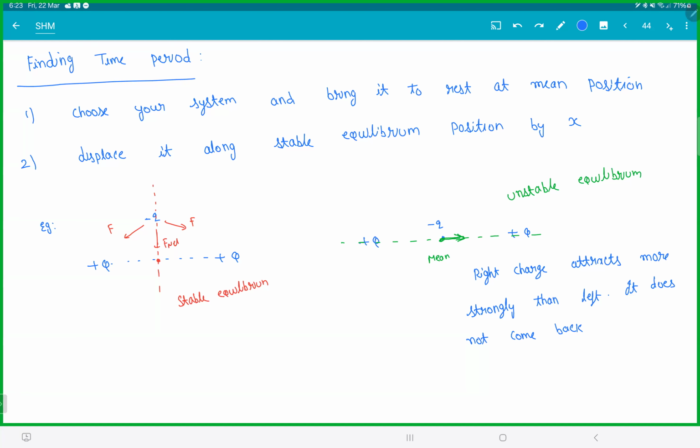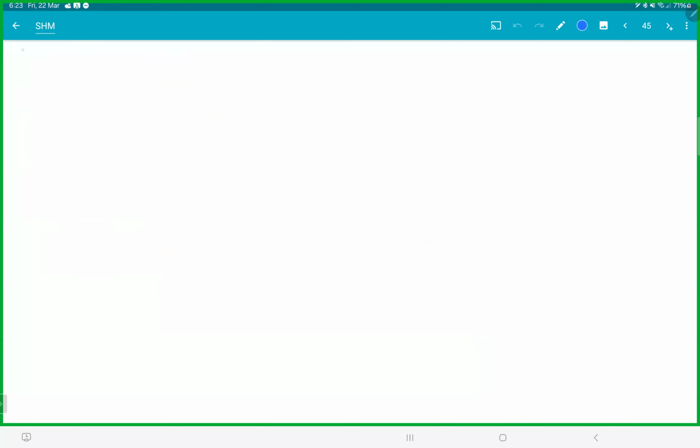Third, after displacing by x, find the acceleration as a function of x.